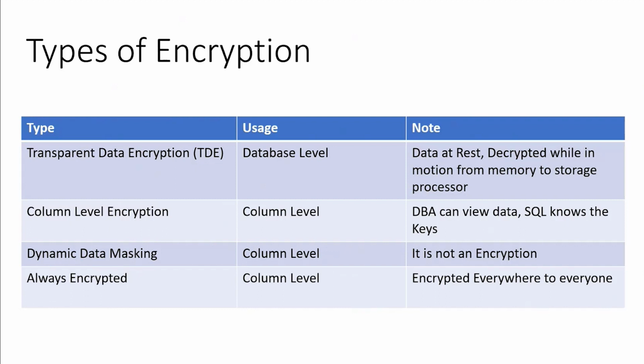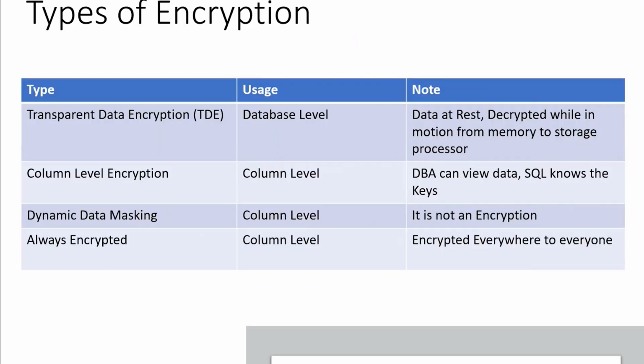Even a DBA is not allowed to view the data unless they have full permission on controlling the keys. When the data is in motion, traveling from SQL Server to the application layer, that data is also encrypted. It is only decrypted by the drivers, by someone who has knowledge of the keys. That is the main point behind Always Encrypted.